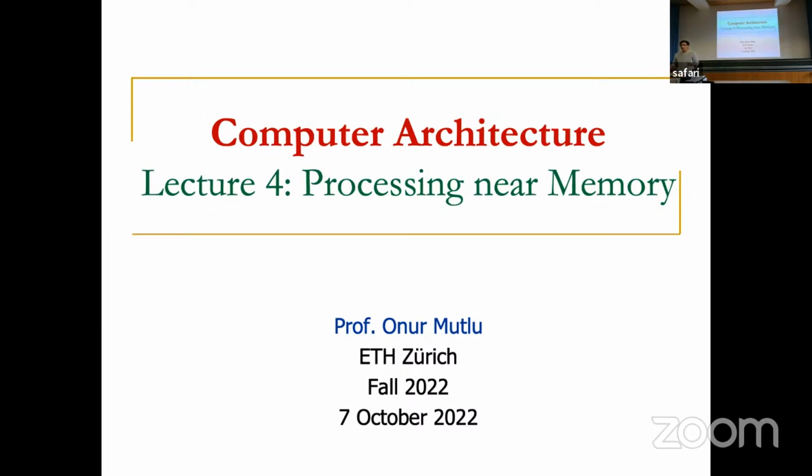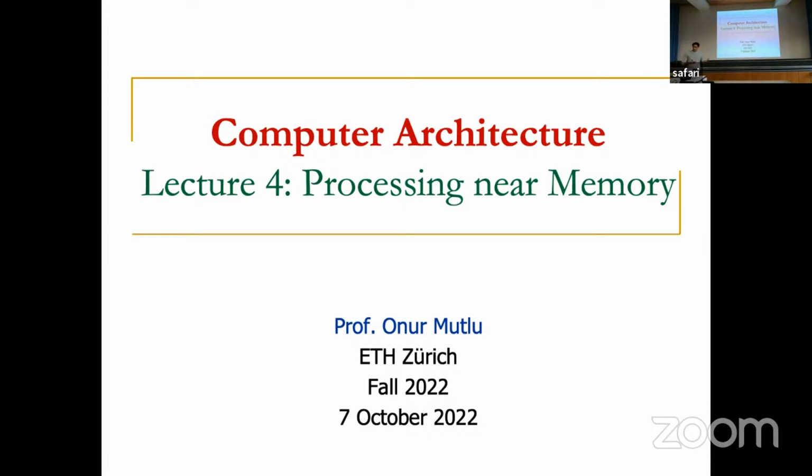So remember, yesterday we started to focus in a lot of detail on processing in memory: why there is a need for processing in memory, or for more data-centric computing systems. After the motivation, we classified the different processing in memory approaches into two main ones.